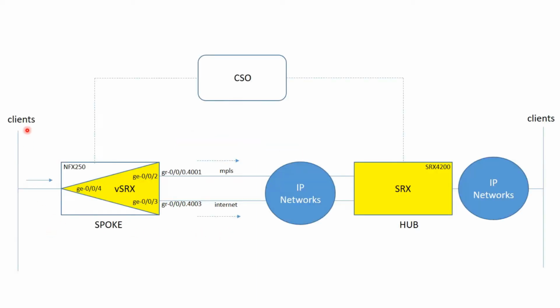Let's observe first the case, which we are going to call case 0, where APBR is not applied. So case 0, no APBR. What we are going to do, we are going to send one session of SSH traffic from a client side and see which of these two links the traffic will take by default when no APBR is applied.